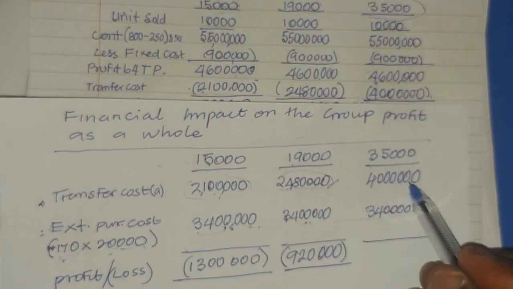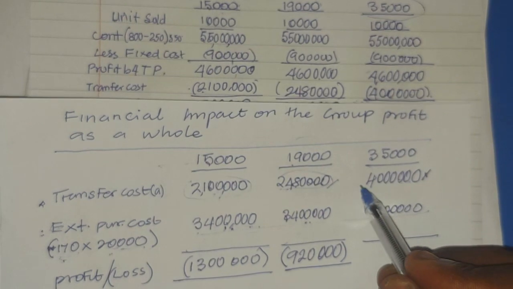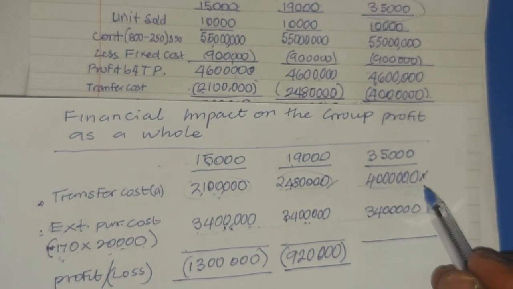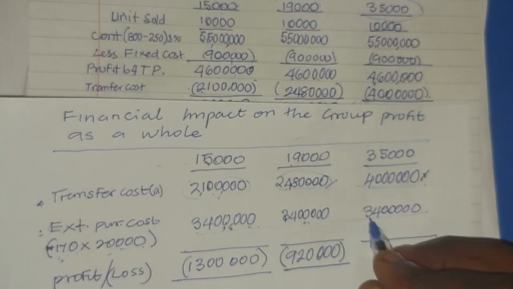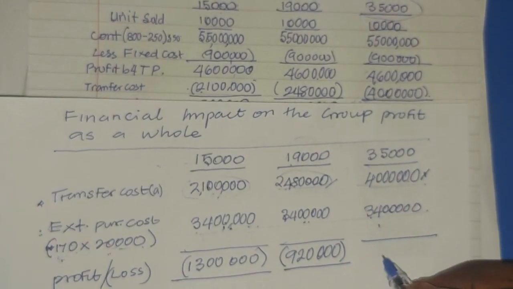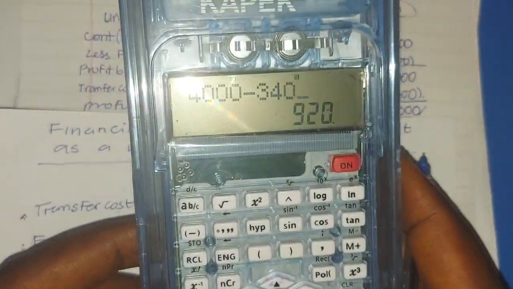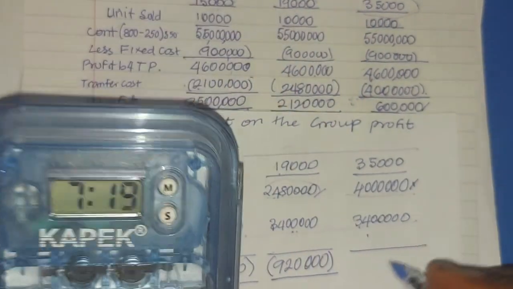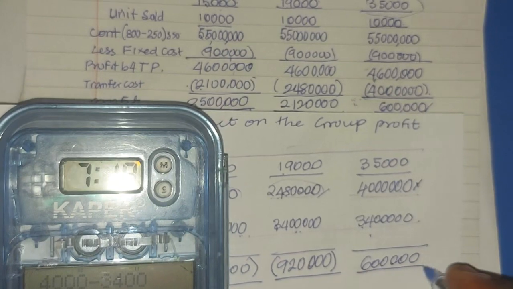Now, look at this. If it followed the company policy, it will incur 4 million. But if the company policy is ignored, it will spend less. So that is a profit, of course. We have 4,000,000 minus 3,400,000, so it means 600,000 added to the profit.